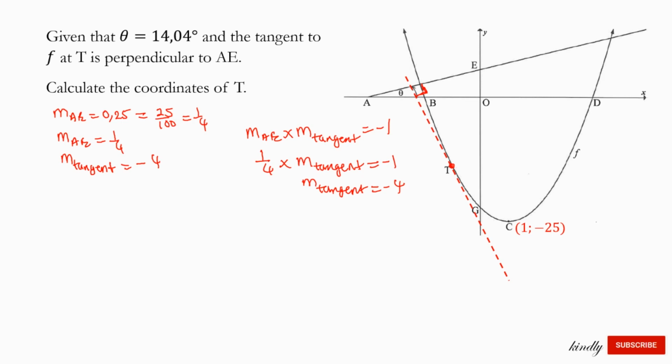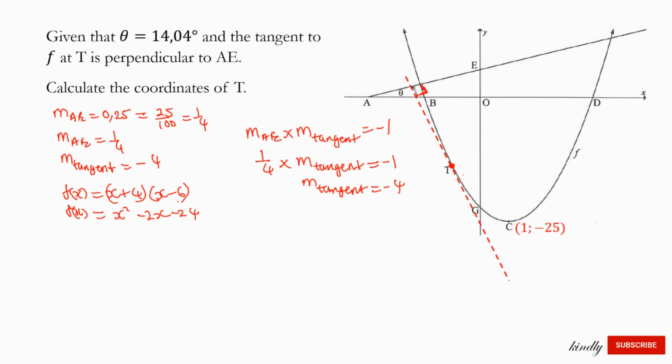Remember that the gradient of the curve is its derivative, so let's differentiate the function. You remember the equation of the function? We were given f of x is equal to (x plus 4)(x minus 6). Then we expanded this and got f of x is equal to x squared minus 2x minus 24.